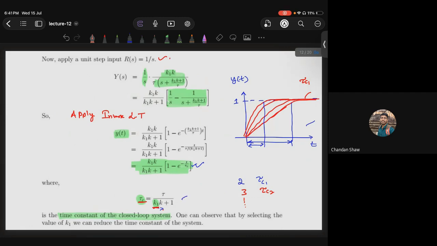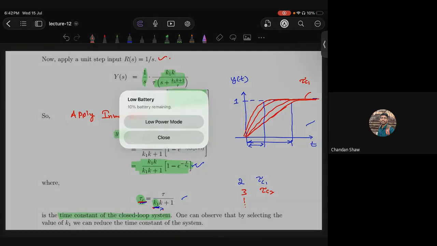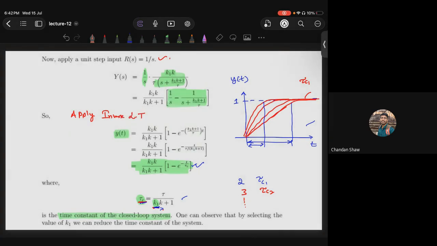You will choose the tau C, am I correct? By choosing tau C, you can change the system fastness. You can change the value of the rise time, and you can change the value of the settling time also.